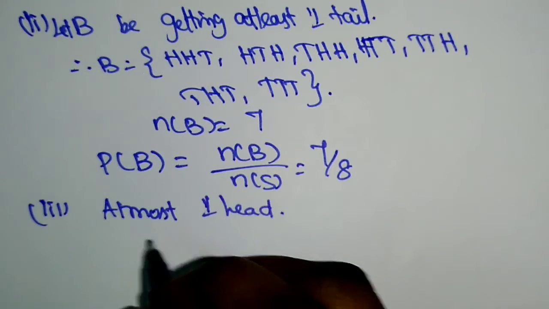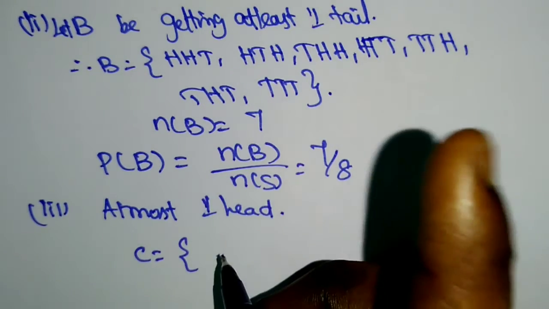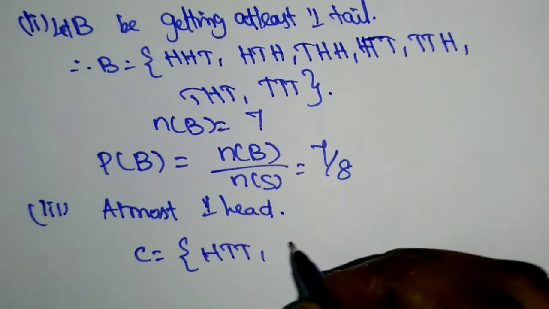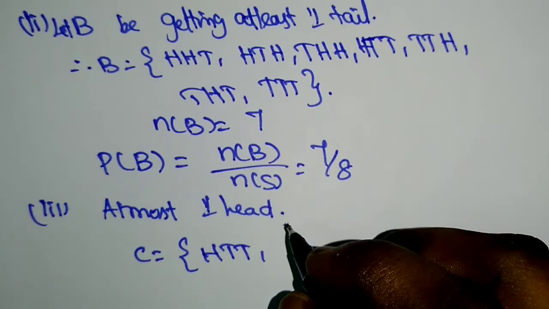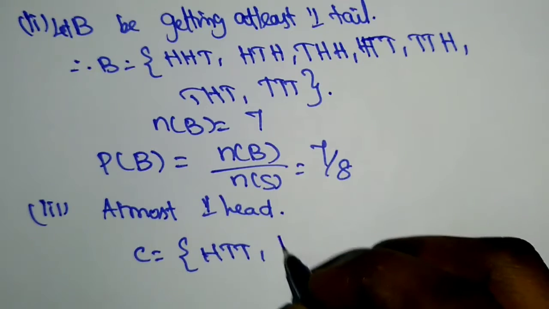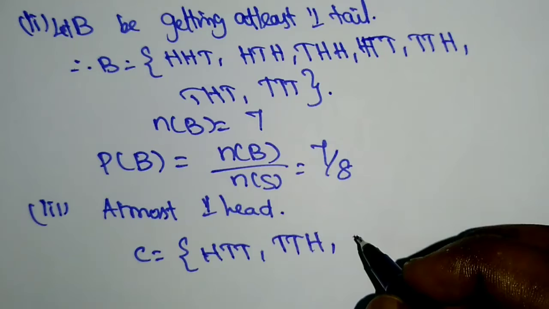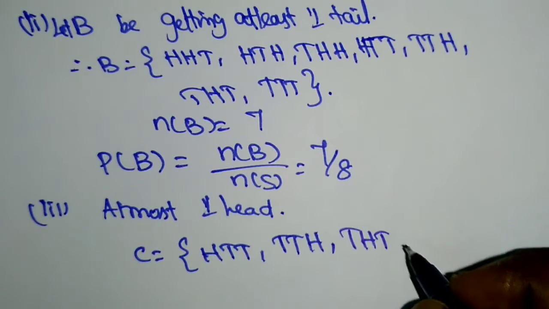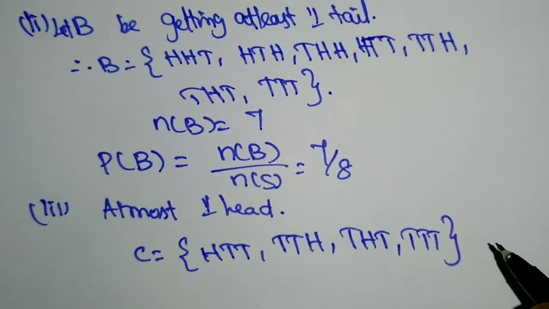So C is equal to at most one head. So HTT, HTT and TTH, THT, and TTT.